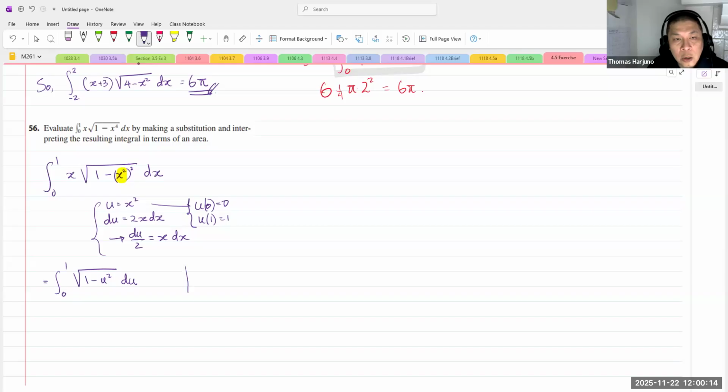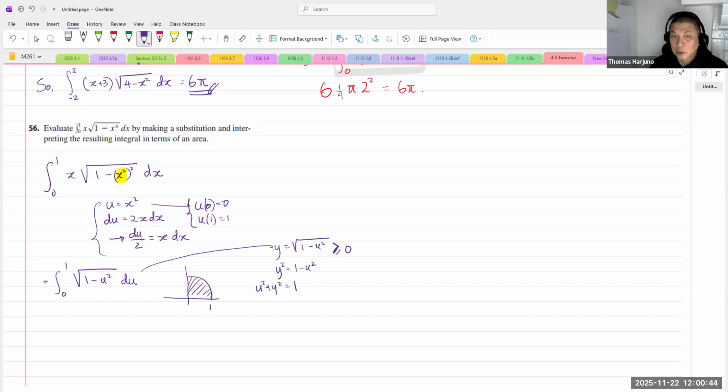But this is a quarter circle with radius 1 in the first quadrant. Okay, take a look. y equals square root of 1 minus u squared. Implicitly, of course, y has to be non-negative. y squared equals 1 minus u squared, u squared plus y squared equals 1.